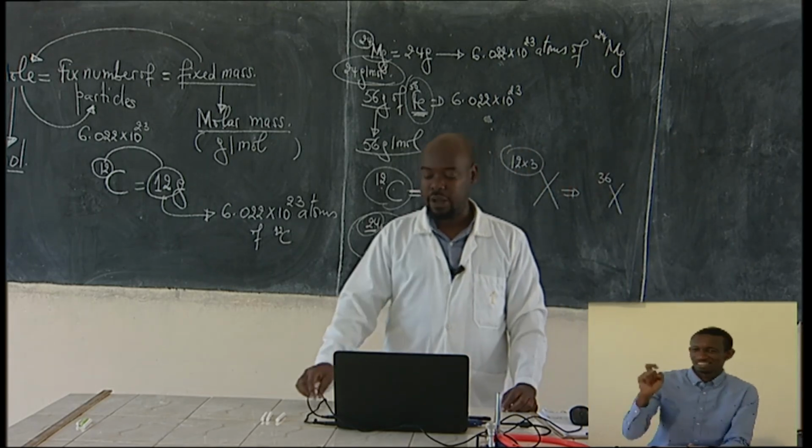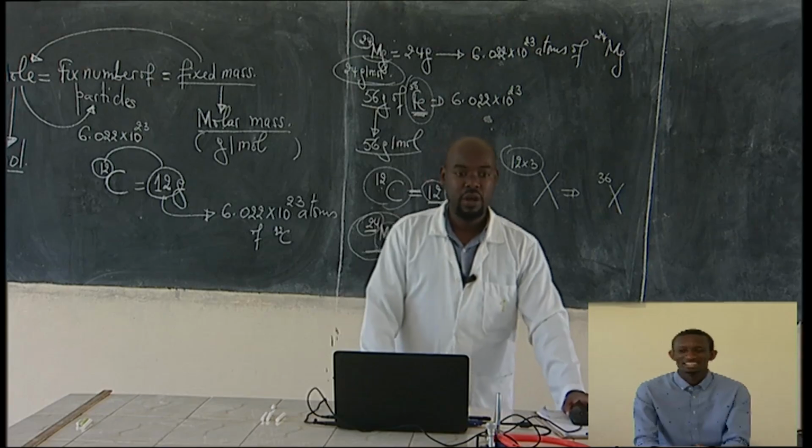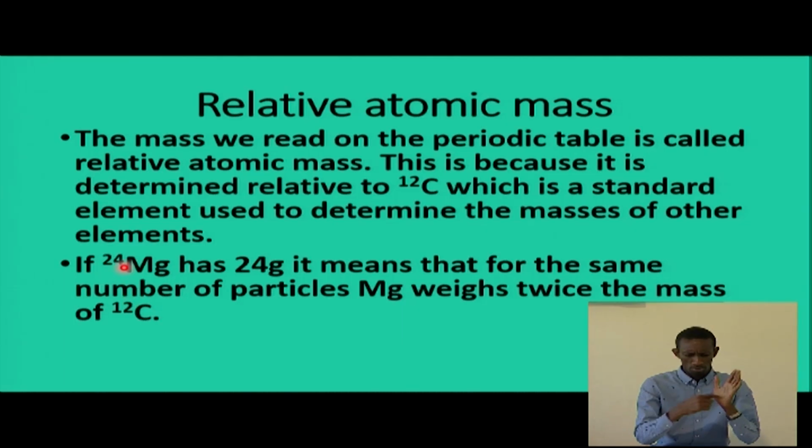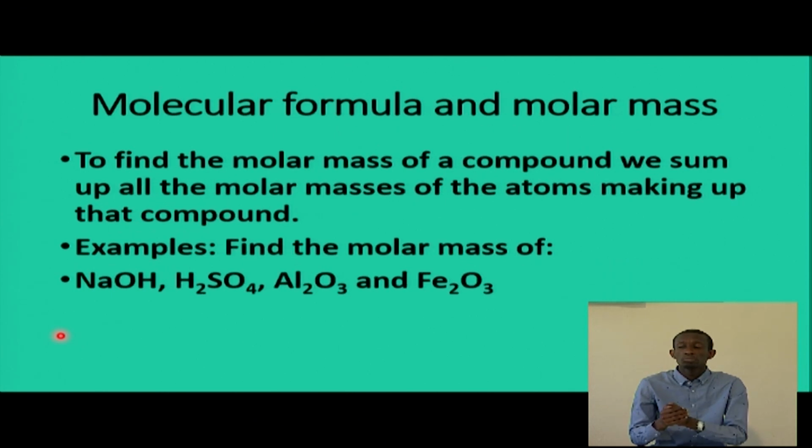I think it is very clear. So from there, here we have the example. If magnesium has 24 grams, it means that for the same number of particles, magnesium weighs twice the mass of carbon-12, which is very clear.